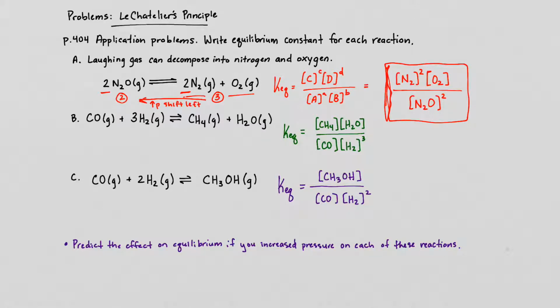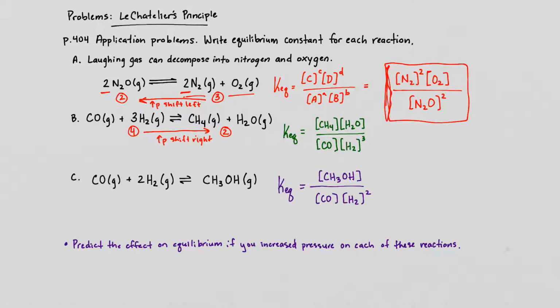Next, in B, we're going to do the same thing. You see that we have 4 moles of gas on the left side, and we have 2 moles of gas on the right side. So if we increase the pressure, you're going to get a shift to the right.